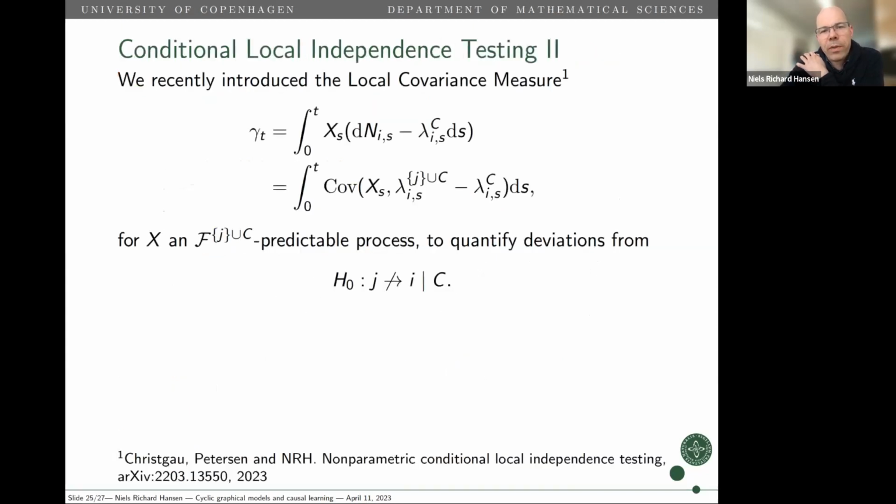And now more recently, we have worked on what we call the local covariance measure. So we have a target parameter here, gamma t, which can be expressed as an integral with respect to a process, and then the counting process minus its compensator here. And we can rewrite this as the integral of the covariance between the process and the difference of the intensities where we include J and where we don't include J. And this is why we call it the local covariance measure.